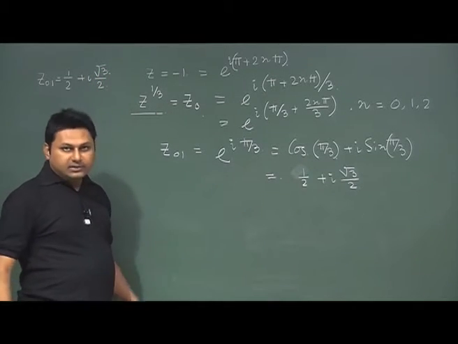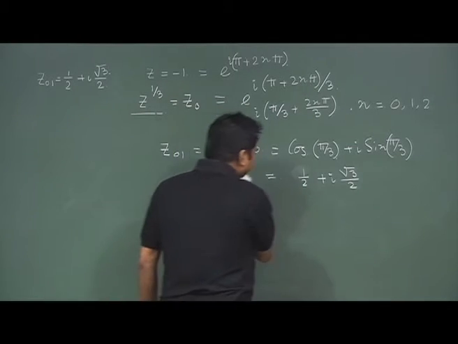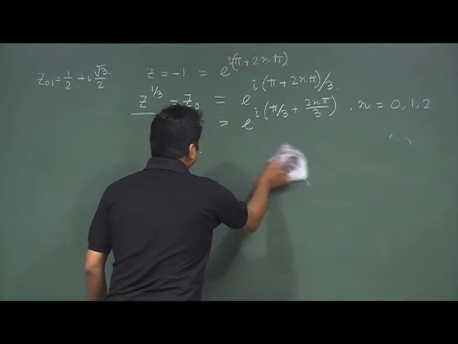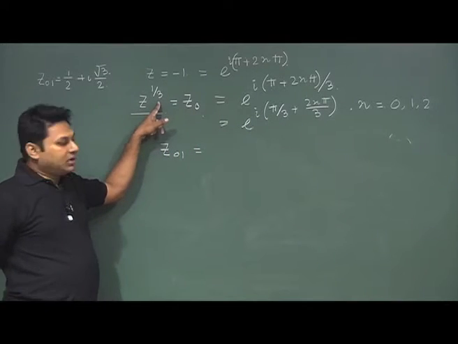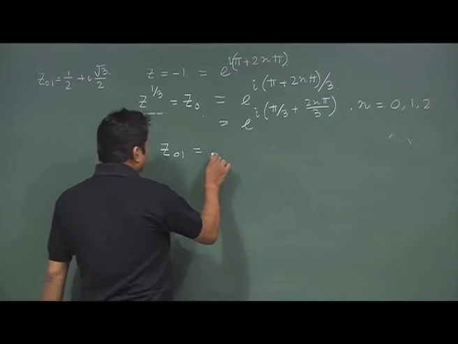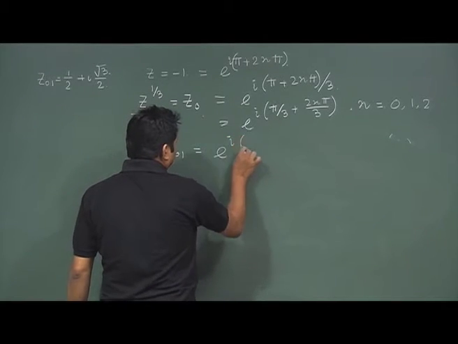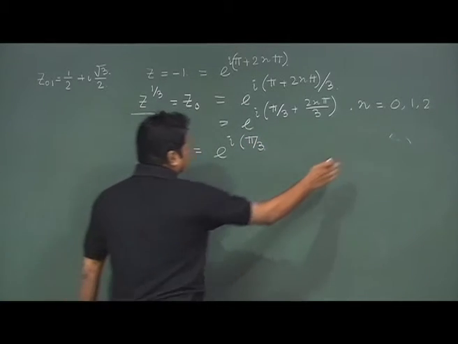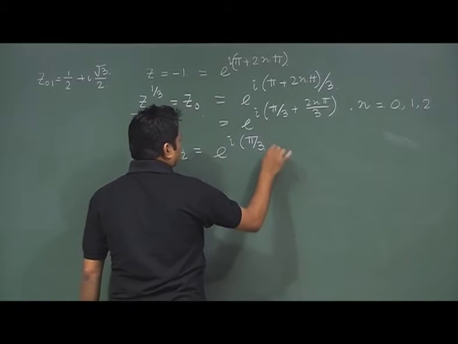After having the first one, let me go back to the second one, where the process is exactly the same that we have done in the previous case. Just instead of one root, I should have 3 roots, because here the m value is 3. So e to the power of I pi by 3 plus 2 pi by 3, this is the second root, where the value of n should be 1.